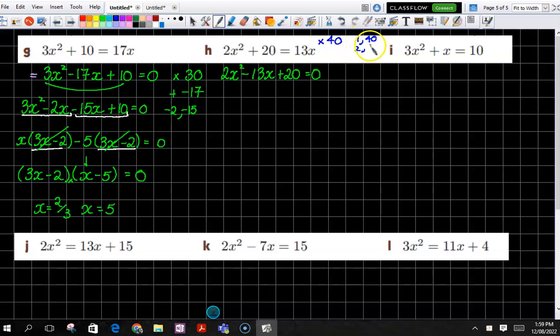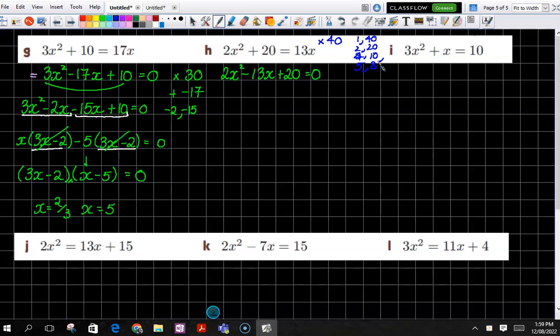So 1 and 40, 2 and 20, 3 doesn't go in, 4 goes in 10 times, and 5 goes in 8 times, so that's the winner chicken dinner.